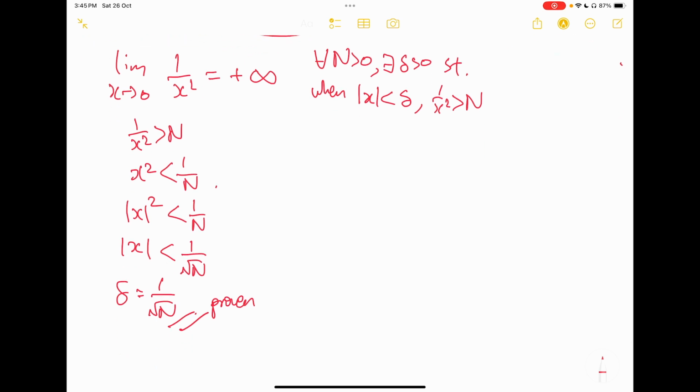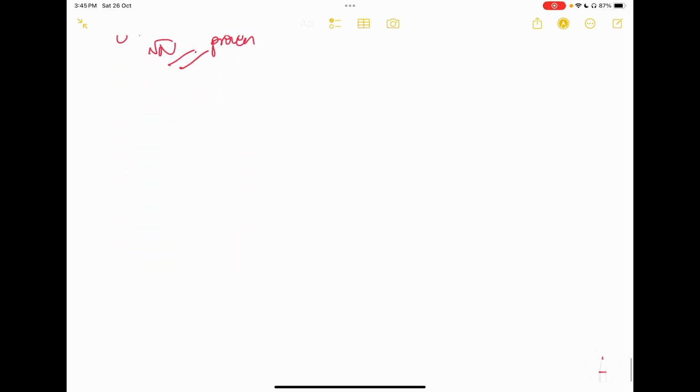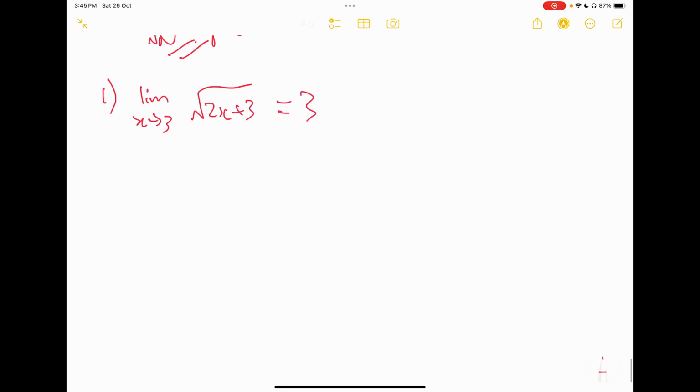So now I have a few fun questions for you. All right, so let's start off with: prove this using epsilon delta. And then we have this one, which is quite interesting because I did not teach you how to solve this.